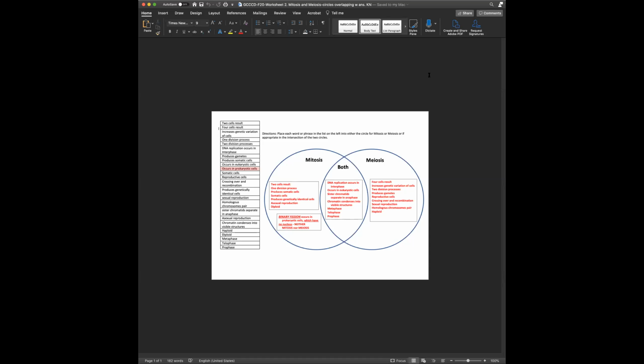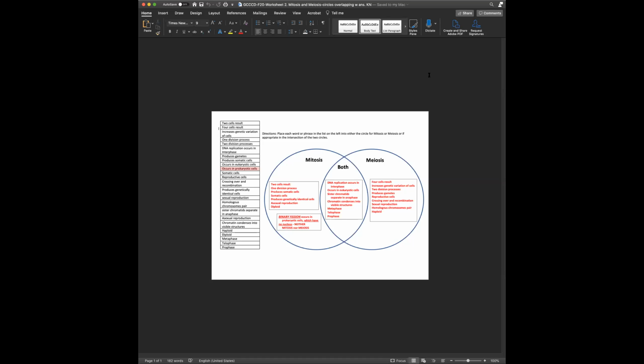Occurs in eukaryotic cells. Both. Mitosis and meiosis both occur in eukaryotic cells. Now, occurs in prokaryotic cells. I've highlighted that because it doesn't fit on this scheme at all. It's neither mitosis, meiosis, or both. In prokaryotes, it's not even called cell division, it's called binary fission.